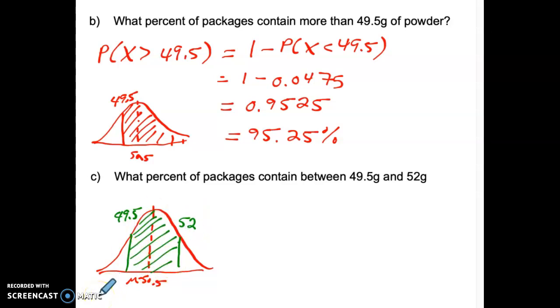And remember, our Z-score table is only going to spit out the less thans. So our Z-score table will tell us the probability of it being less than 52, and it will tell us the probability of it being less than 49.5. Okay. And we want to find the probability that x is between those two values.